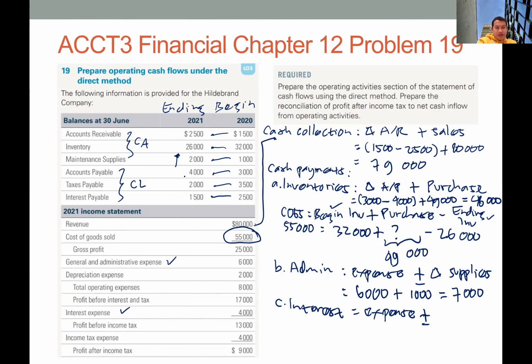So interest payable, we start with 2,500 and then we end up with 1,500. So it's decreasing. It means the company used some of the cash to repay the interest payable. So this one should be plus.